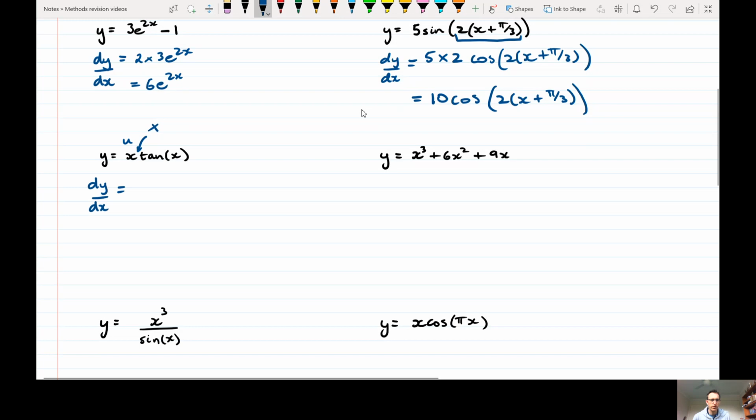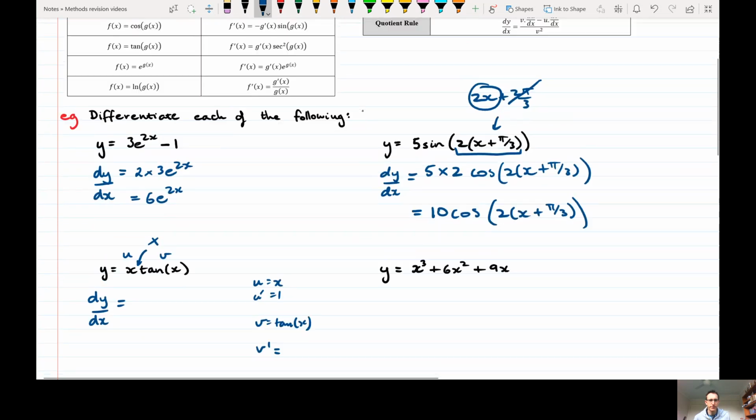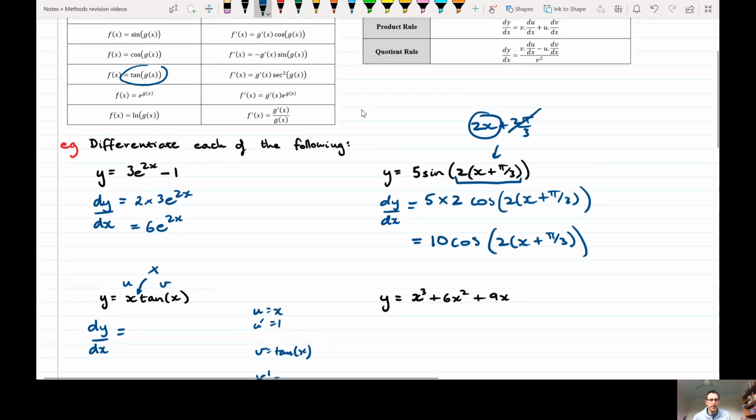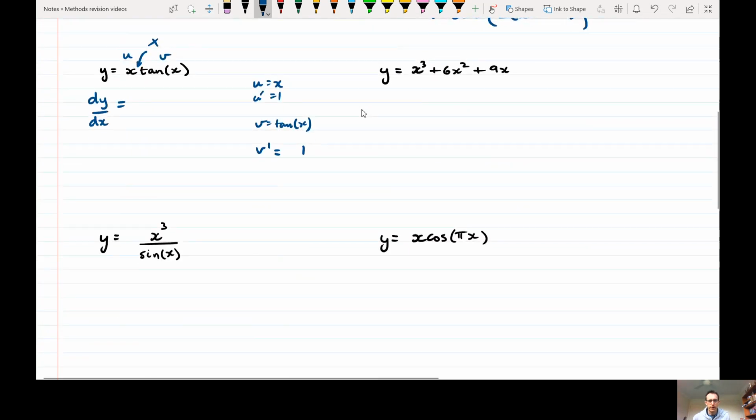So we're going to call this first one u, this second one v, and go from there. So u is equal to x, therefore u dash is equal to 1. You got v equals tan of x, and according to our rules just up here, the derivative of tan is sec squared. Remember, sec squared is 1 over cosine squared. So I should write just sec squared of x there.